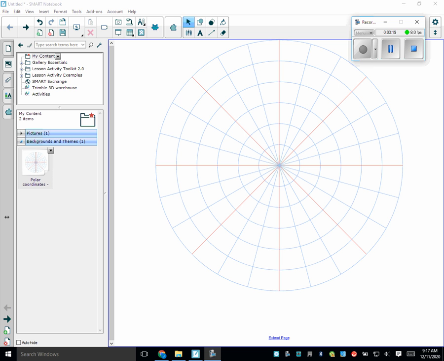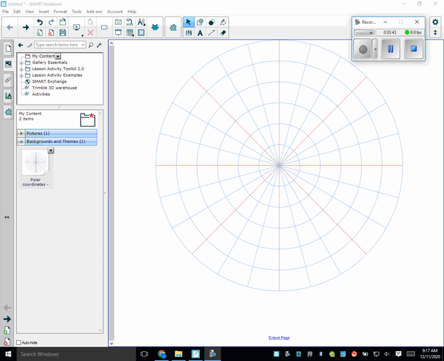Now, your theta step. You can pick your theta step. Theta step means every how many degrees do you want it to plot a point? If you put 1, that means it's going to plot 360 points and it's going to take a while to graph it. If you go too big, it doesn't plot enough points and you can't see the picture.